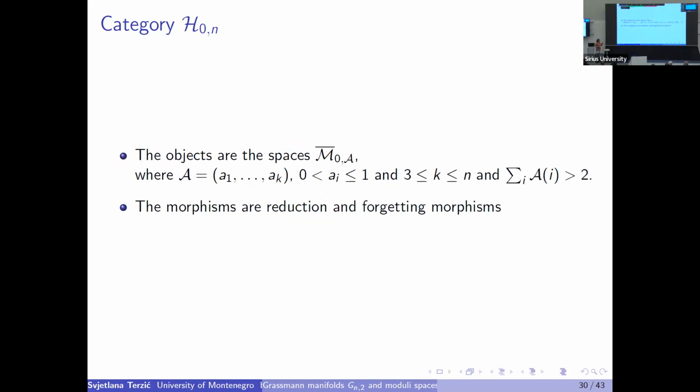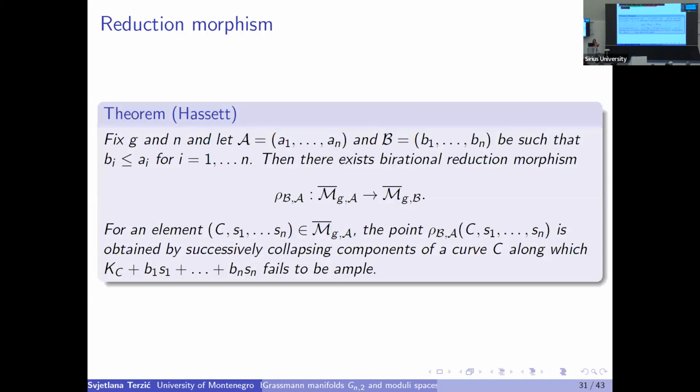I go back now to this Hassett category. As I said, the objects are the spaces M bar 0,A, the weighted curves of genus 0 with weights A, and the morphisms are reduction and forgetting morphisms. This is the theorem formulated by Hassett on the existence of these reduction and forgetting morphisms.